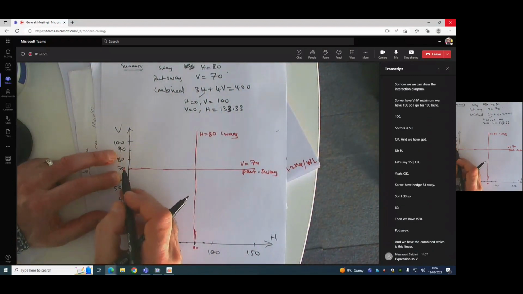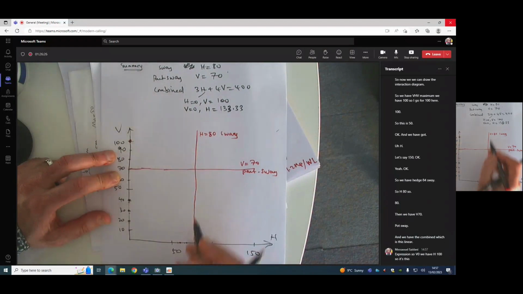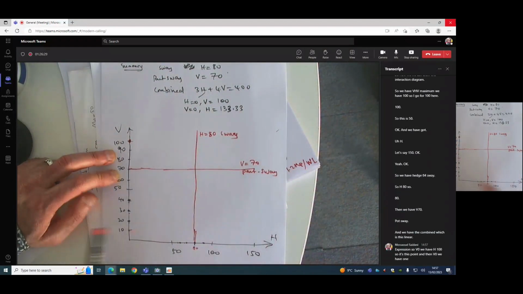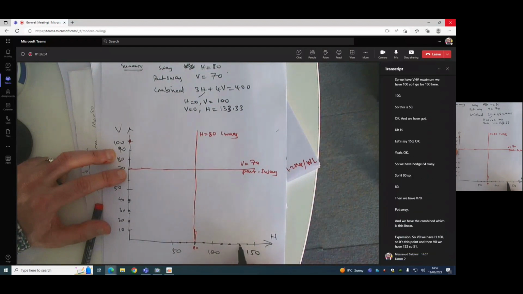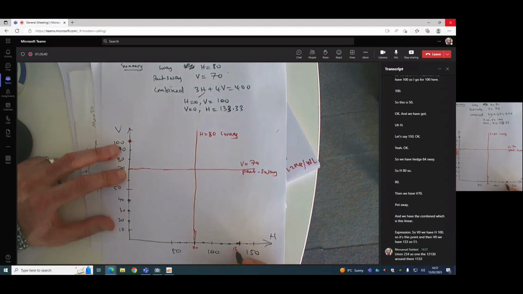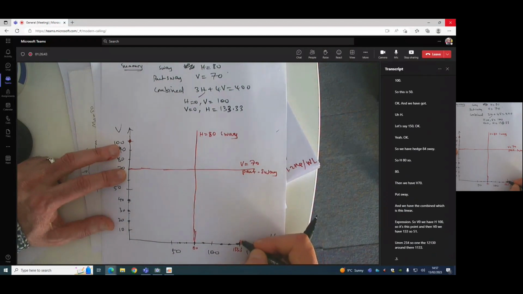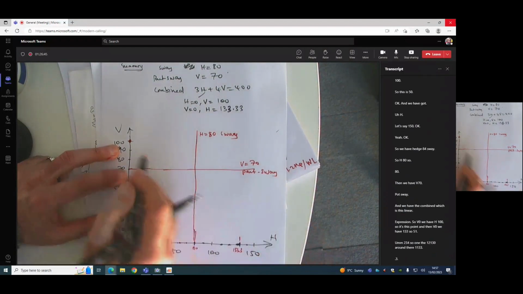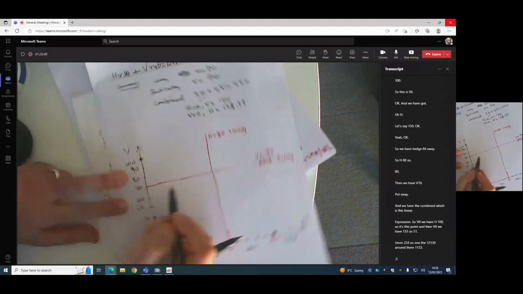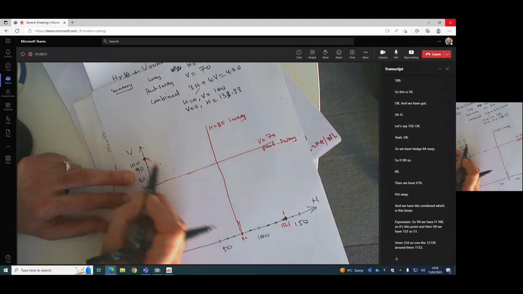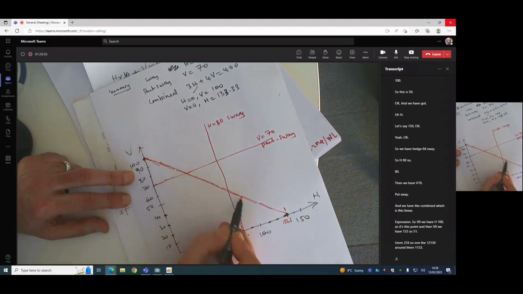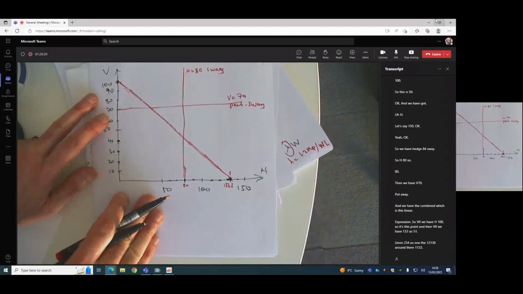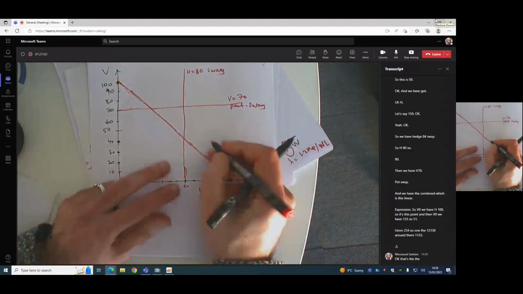So at V equals 0, we have H equals 133.3, and at H equals 0, V equals 100, so it's this point. Okay, that's the interaction diagram.